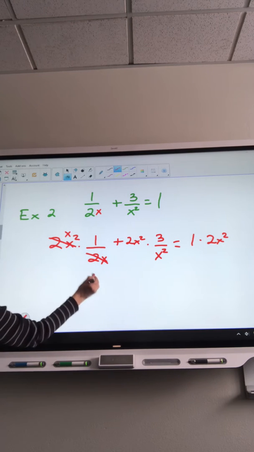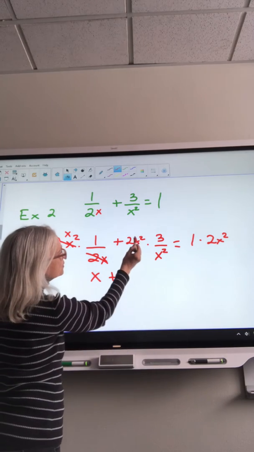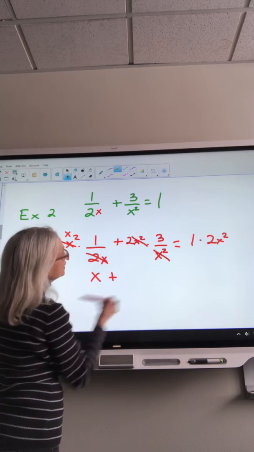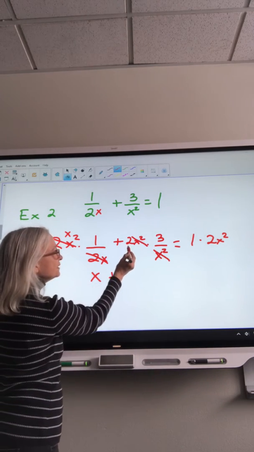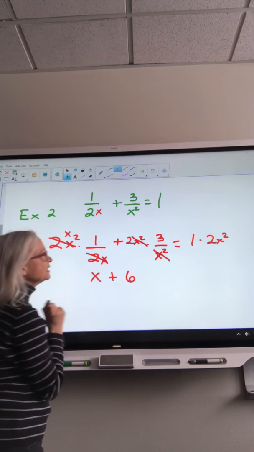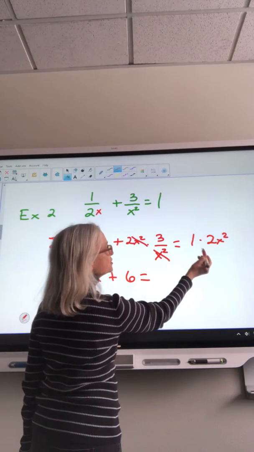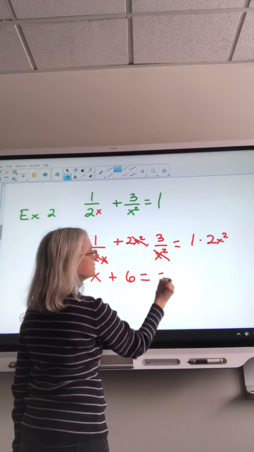So x times 1 is x. In the second term, the x squared would cancel out, which would just leave us with a 2. So we'd multiply the 2 times the 3 to get the 6. And in the last term, 1 times 2x squared is 2x squared.